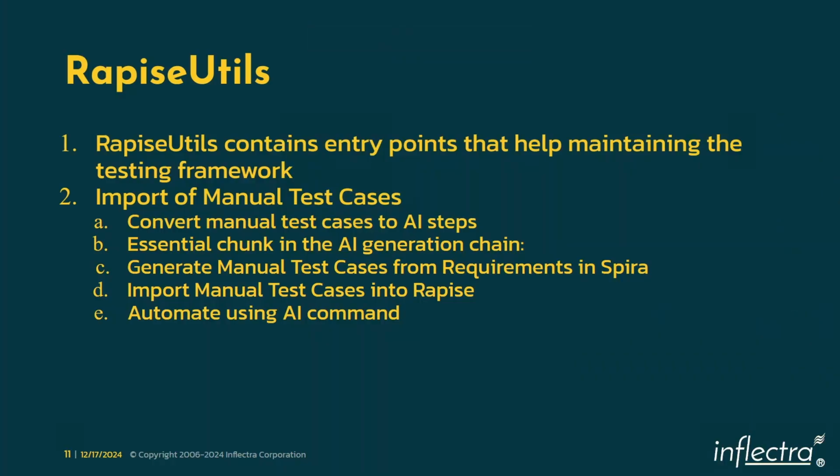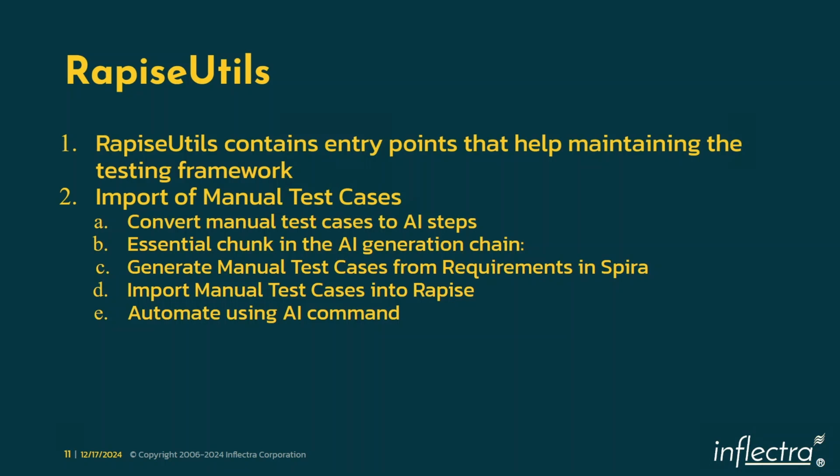Let's summarize the new capabilities that we got through the use of RapiseUtils. First of all, RapiseUtils contains some things that are intended to maintain your testing frameworks, cleaning something up, updating something, or as I just showed, importing manual test cases into Rapise, also importing manual test steps, and preparing them to convert using the AI command.